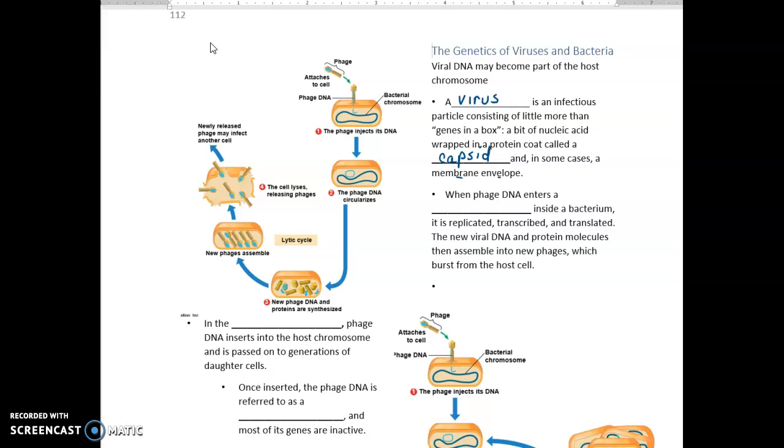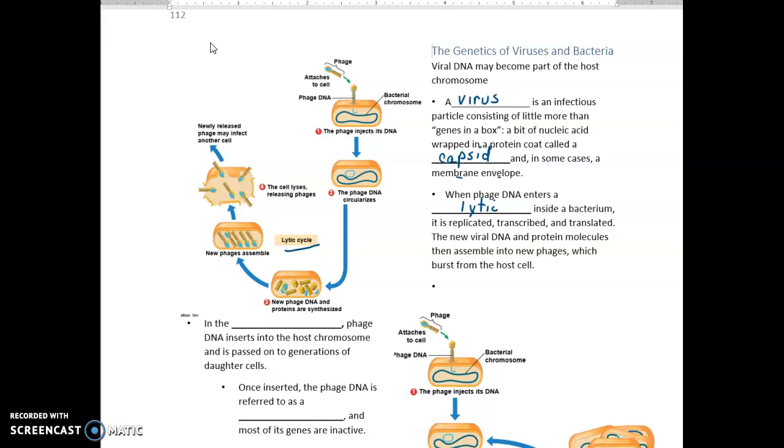When a phage DNA enters a lytic cycle inside a bacteria, it is replicated and transcribed and translated. So that's what's happening here. We're in a lytic cycle. The phage injects its DNA, this light blue.